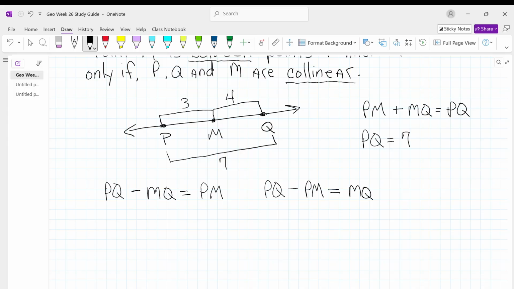So if we put some values into these rules, P to Q is 7, minus M to Q, which is 4, and that's equal to P to M, which is 3. If P to Q is 7 and we subtract P to M, which is 3, then we're left with M to Q, which is 4. Any questions there?